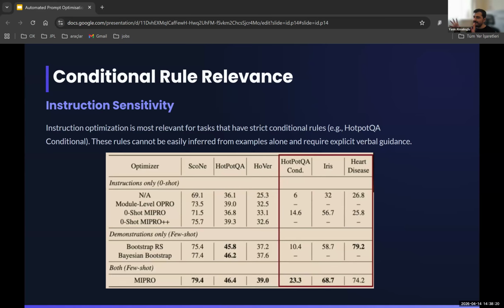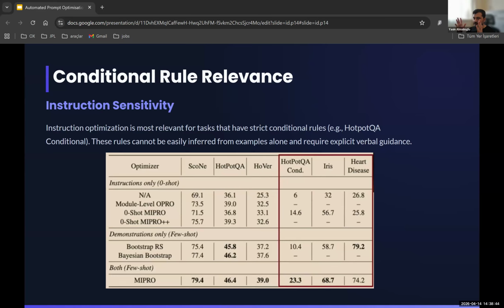Basically, this result was the aha moment for me, because think of the Iris data set. It doesn't matter much, right, if you just show a ton of those examples to an LLM. Well, yes, there are different classes in that data set, but still it doesn't make much sense.